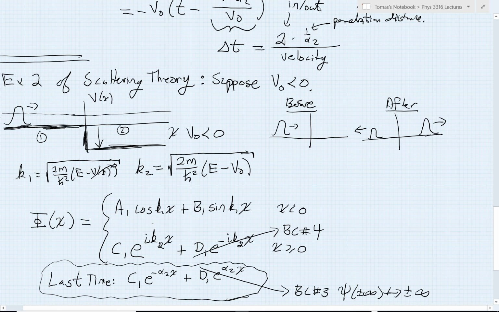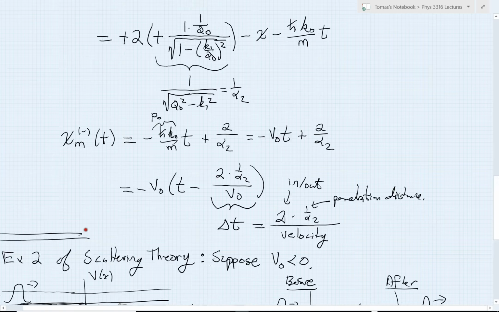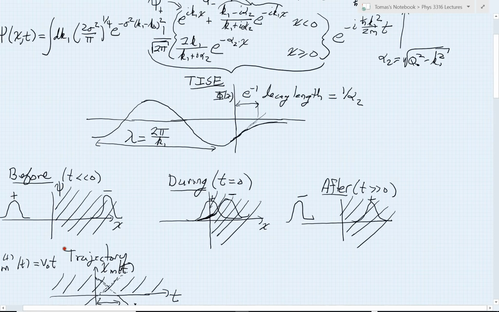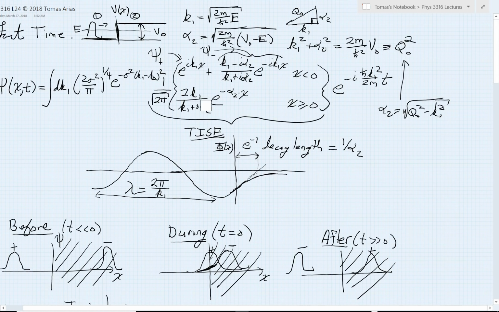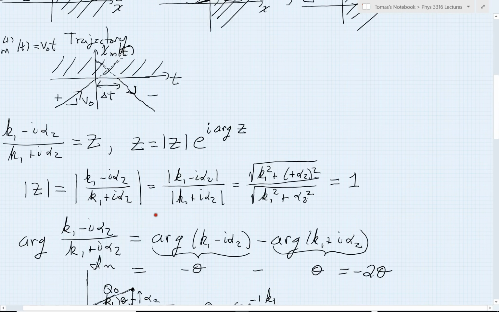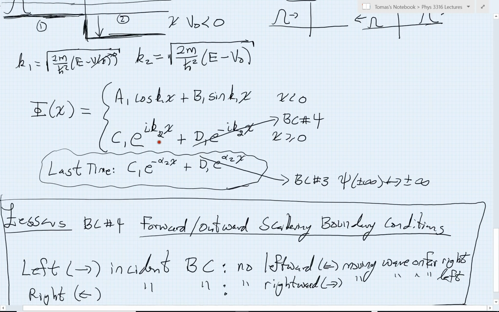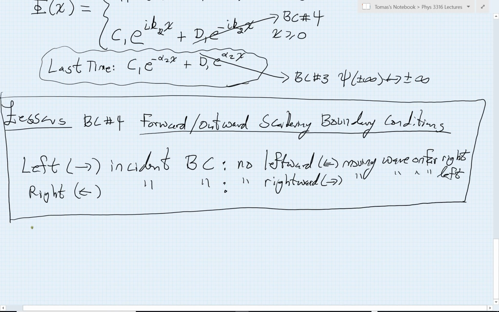Right? It's going to be exactly the same thing. So I can actually immediately write down the solution in this form, just making that one replacement where I replace all minus alpha 2s with ik2s. So let's just write that down. It's going to be the same solution as before.